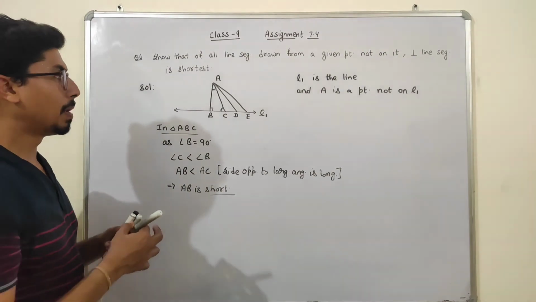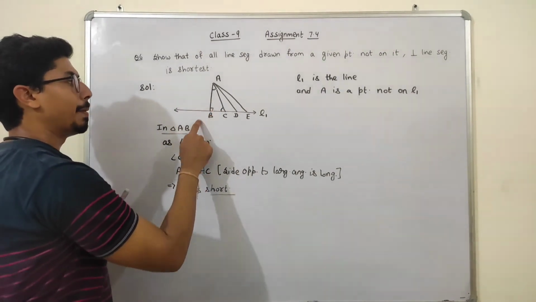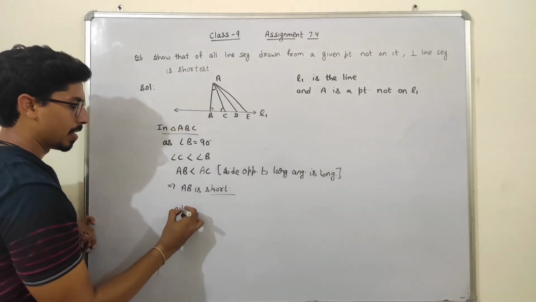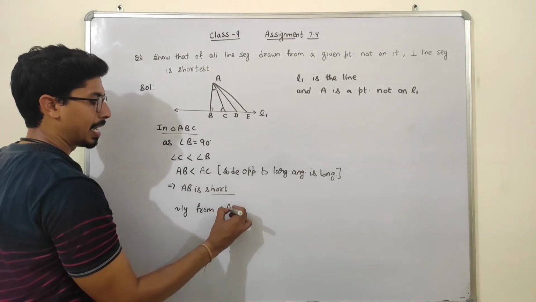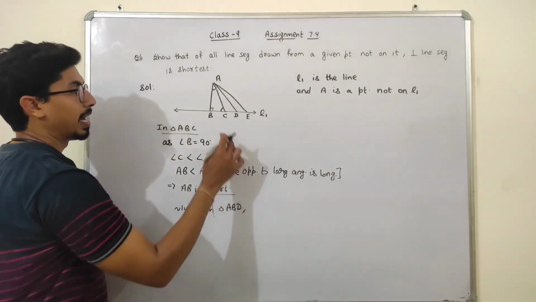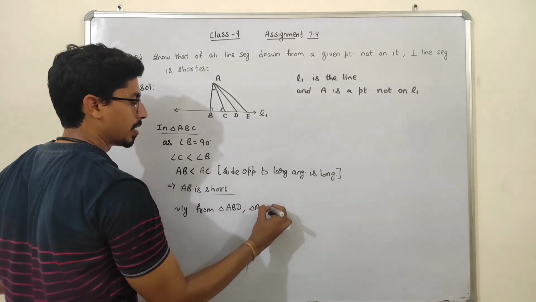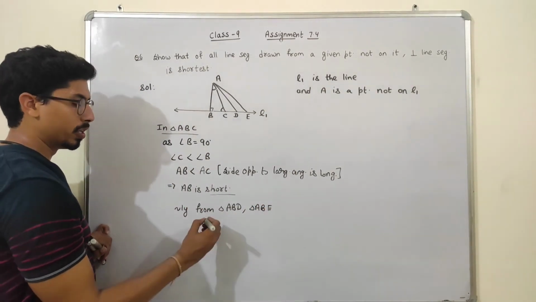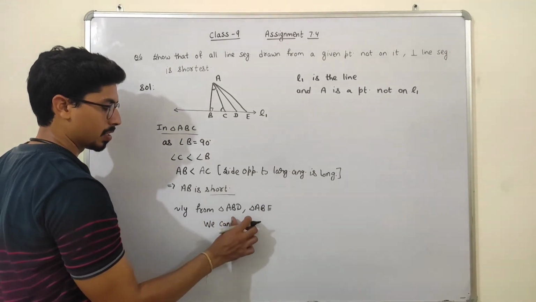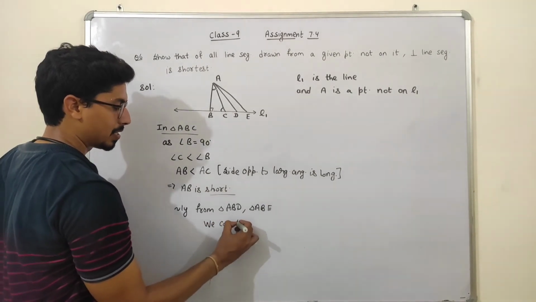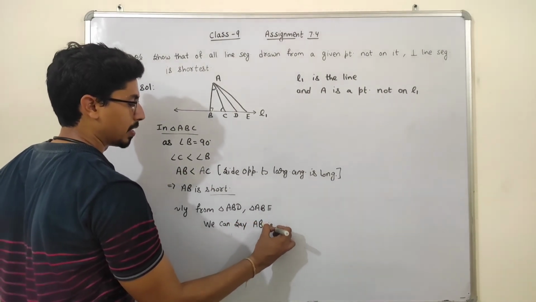Similarly, students, I have taken triangle ABC, now I can take ABD. Similarly, from triangle ABD and triangle ABE, we can conclude AB is shorter.